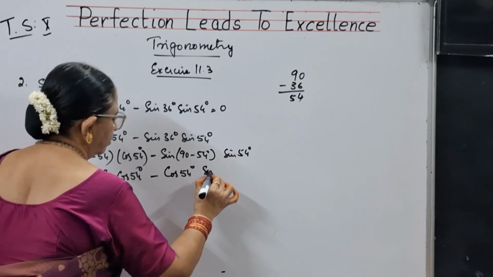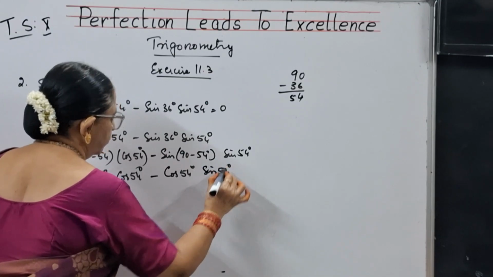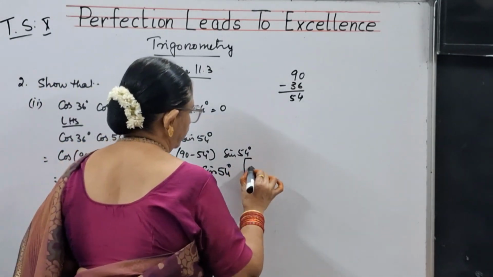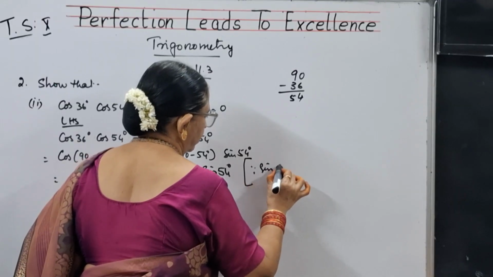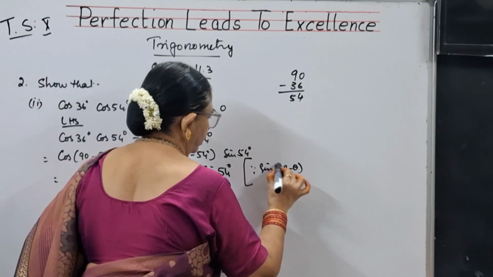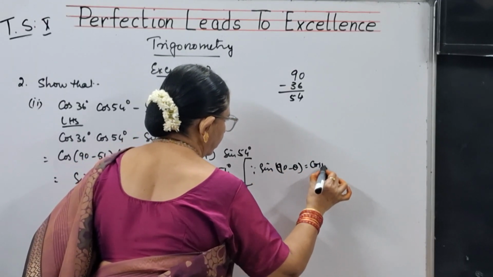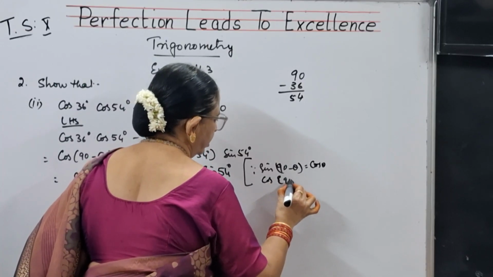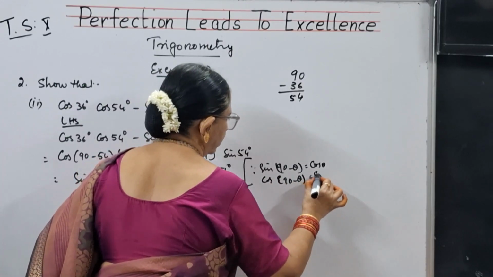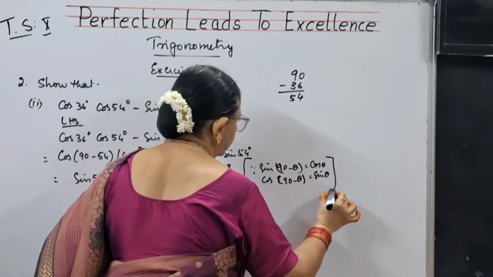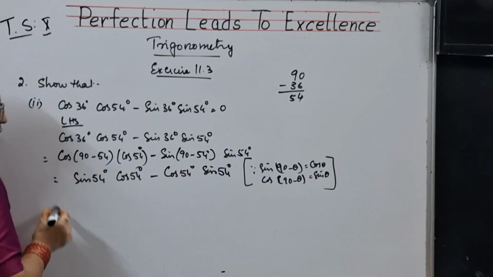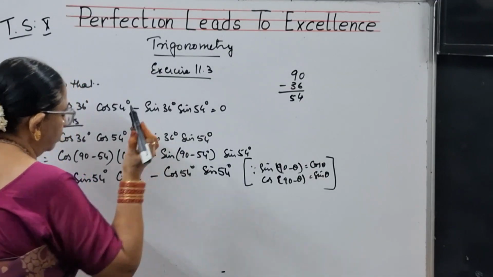What is the property that we have used? We have used two properties, because sin 90 minus theta is equal to cos theta and cos 90 minus theta is equal to sin theta. Both the properties we have used. We have converted cos into sin, we have converted sin into cos.